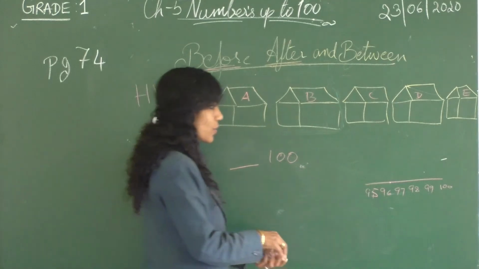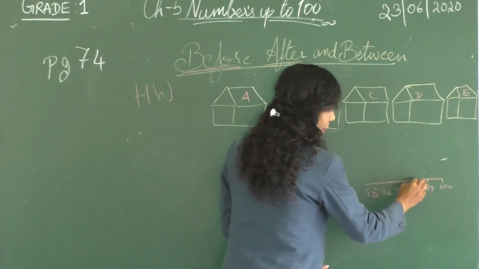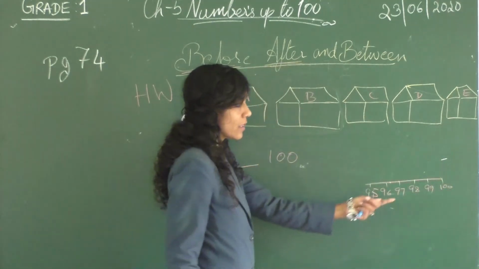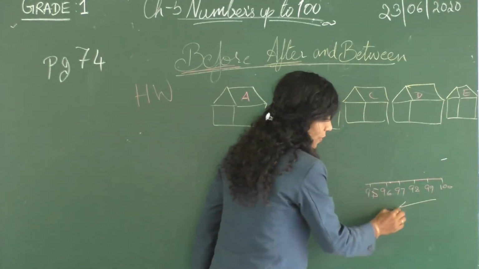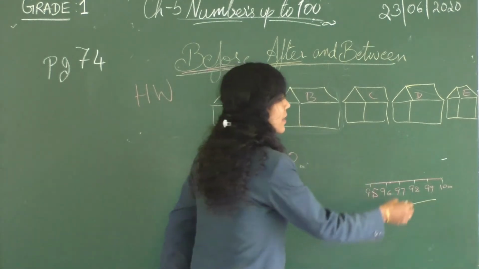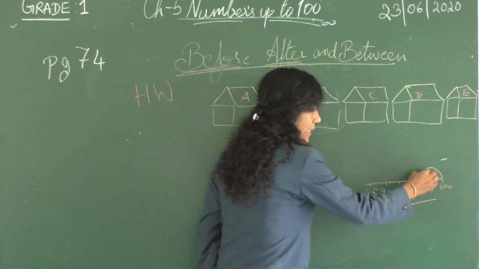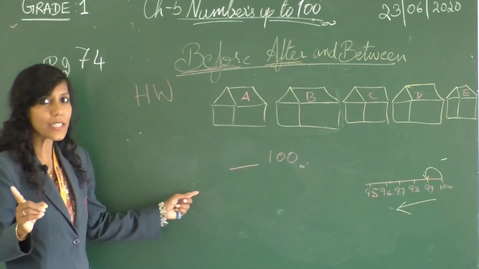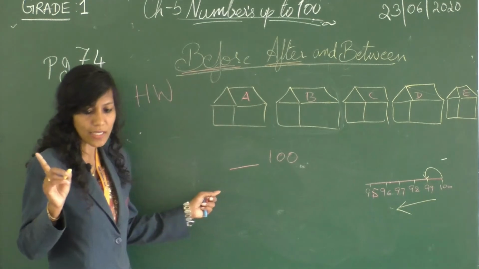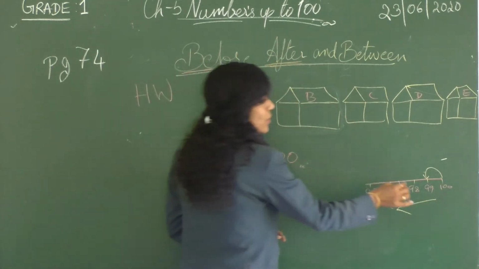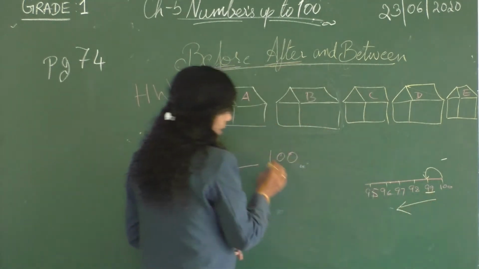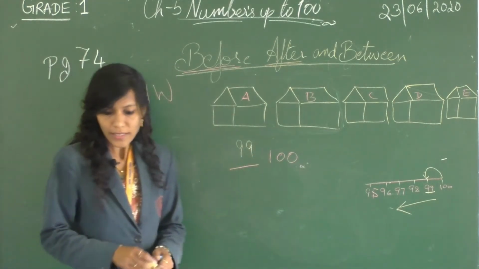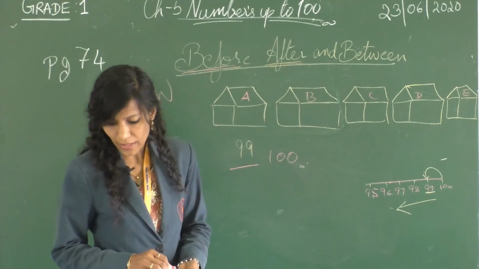So here you are going to do backward counting. They have given you 100. You have to come back like your father's car in reverse gear. So from 100 you go one step back. It is just before, not before, just before. So you have only one number, that is 99. So your answer here will be 99.